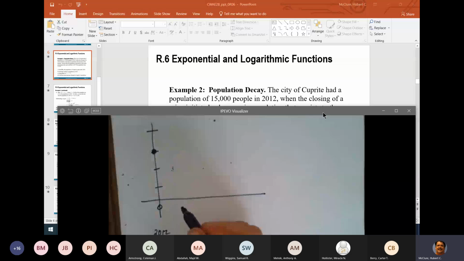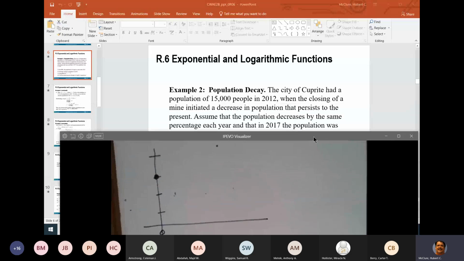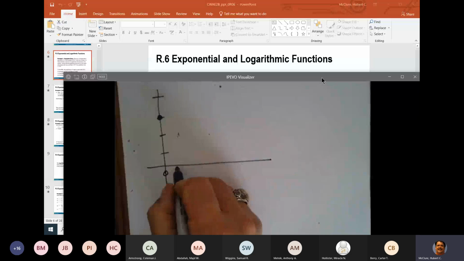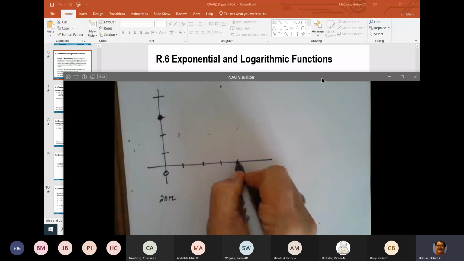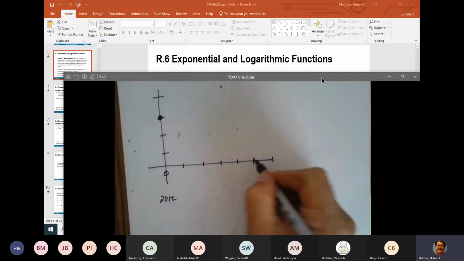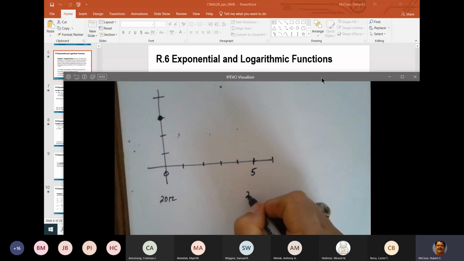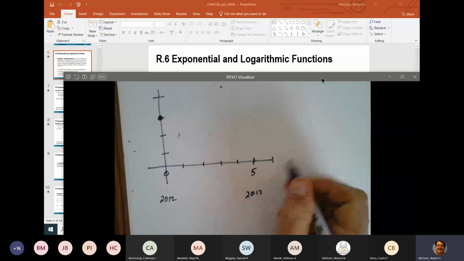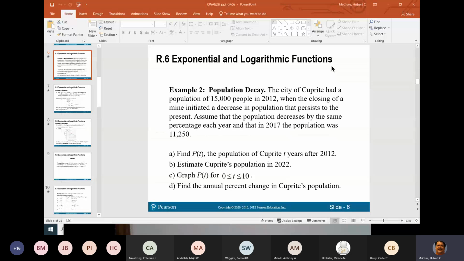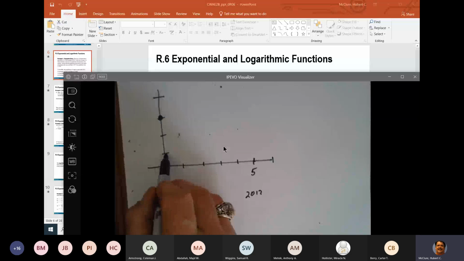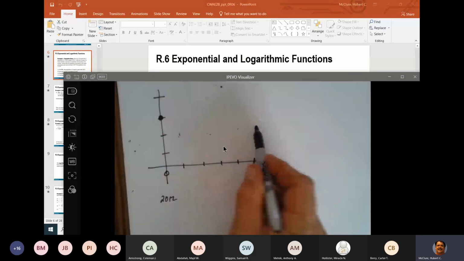And then at 2017, let's see, 1, 2, 3, 4, 5, 6. 5 would be 2017. You have 11,250. Well, we said this was 5 and this is 10, so 11,000, something like that.